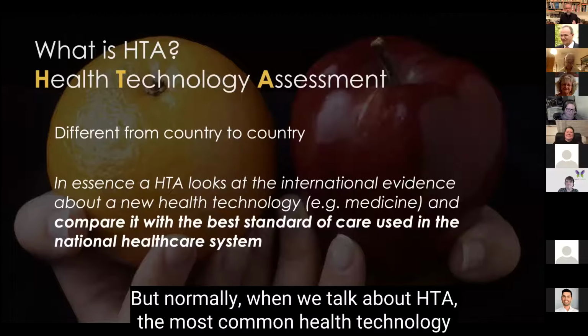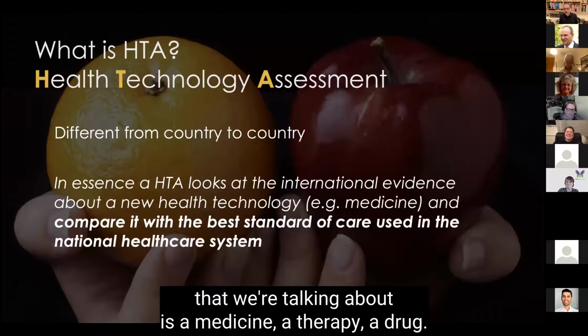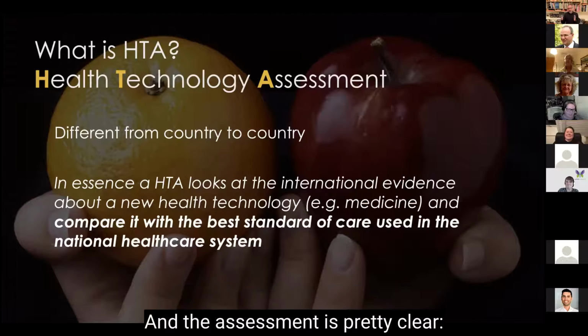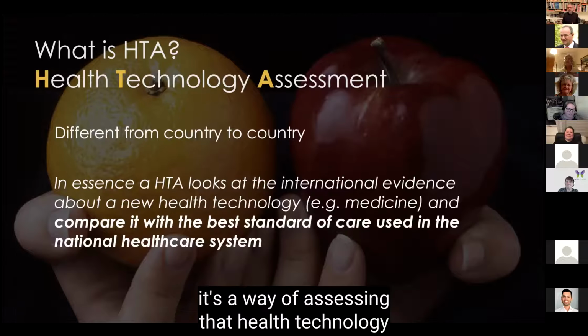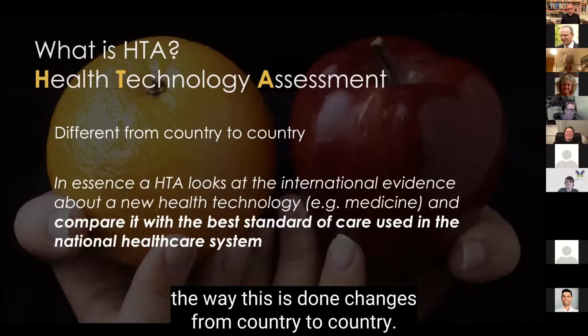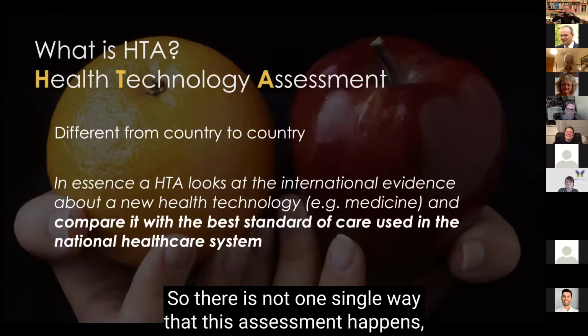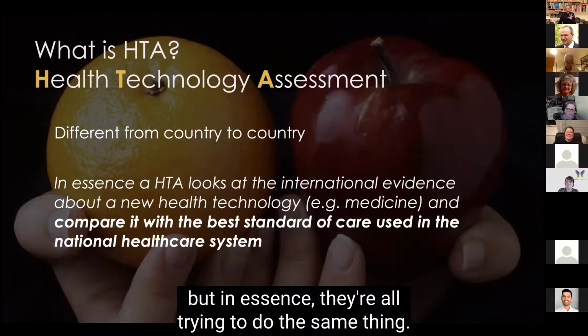But normally when we talk about HTA, the most common health technology that we're talking about is a medicine, a therapy, a drug. And the assessment is pretty clear. It's a way of assessing that health technology. The way this is done changes from country to country. So there is not one single way that this assessment happens. But in essence, they're all trying to do the same thing.